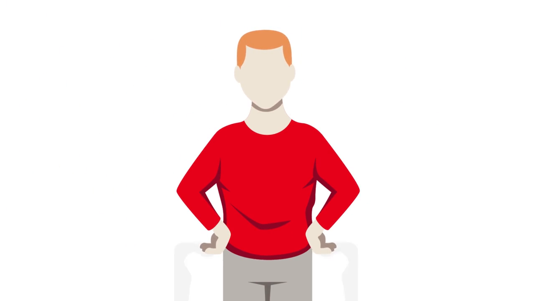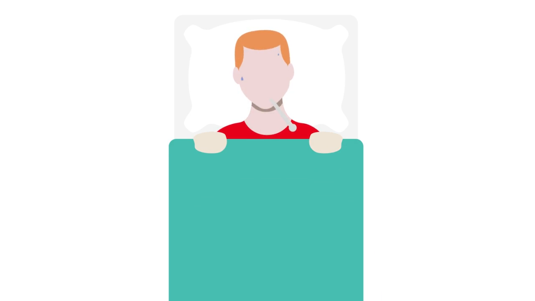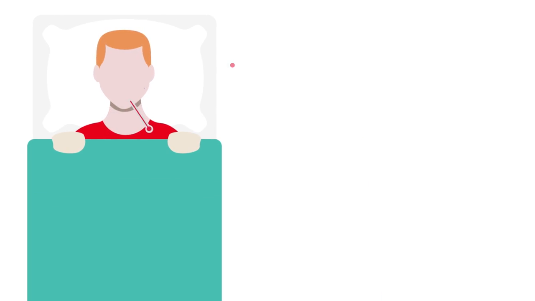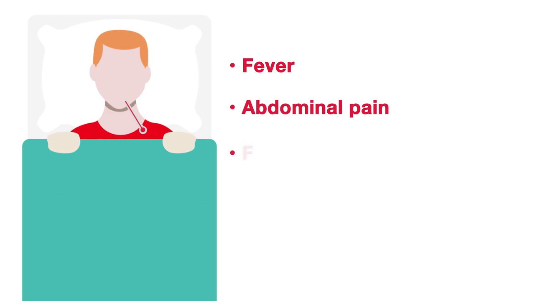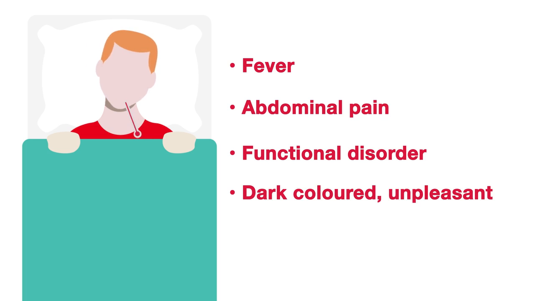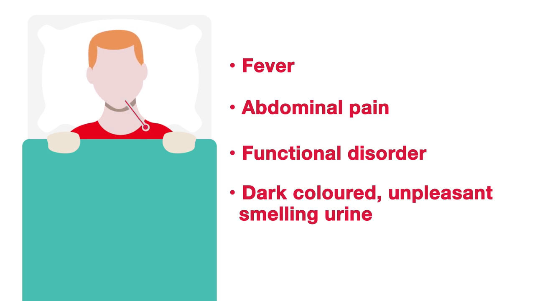In case of symptomatic infections, the person does experience signs or symptoms, such as fever, abdominal pain, and functional disorder. Other complications can appear as well if adequate treatment is not started on time, and could require hospital admission.